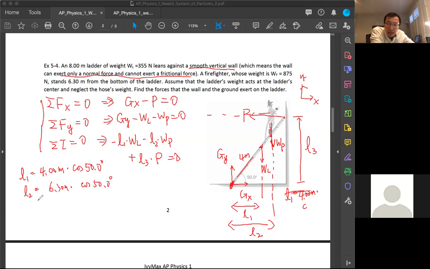And L3, I believe, is just the total length of the ladder, so 8.00 meters times sine 50 here. Okay, all right. And then you plug in the lengths and you should get the answer. You can do it at home if you didn't finish that.